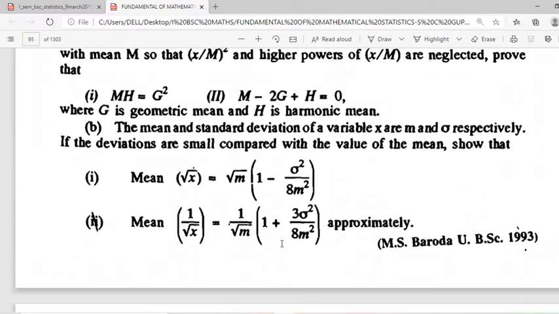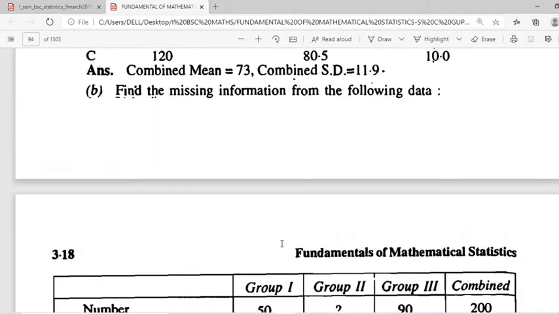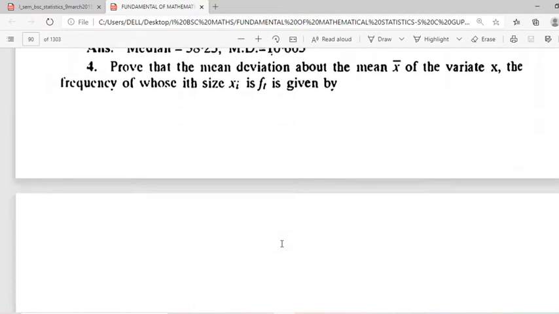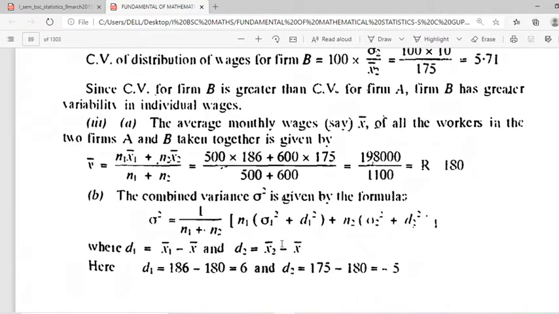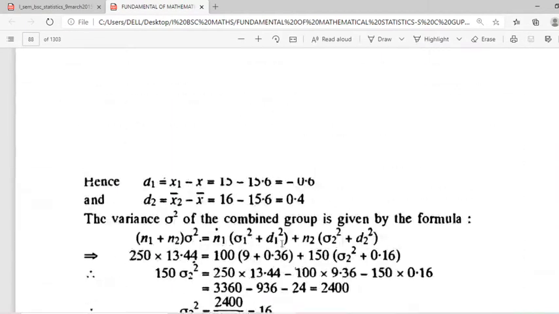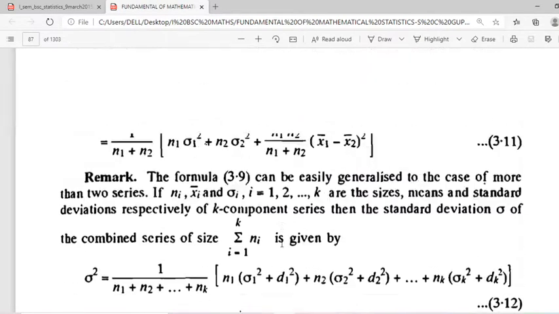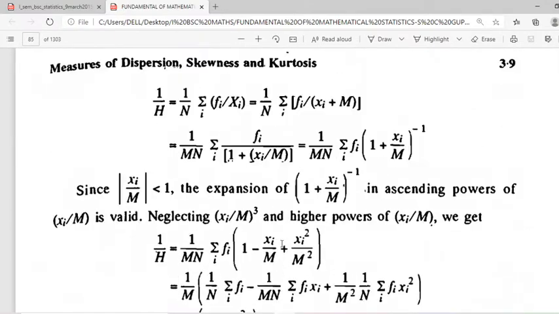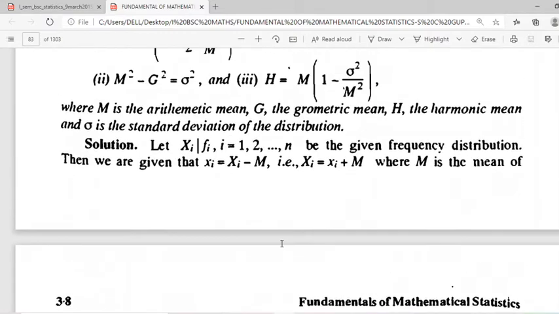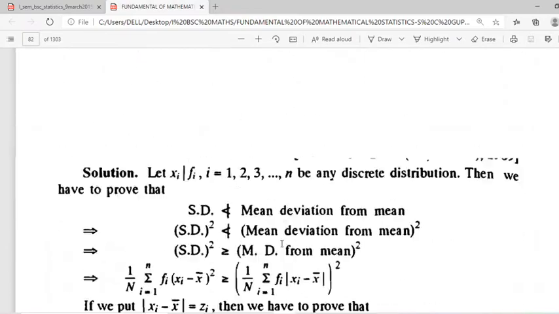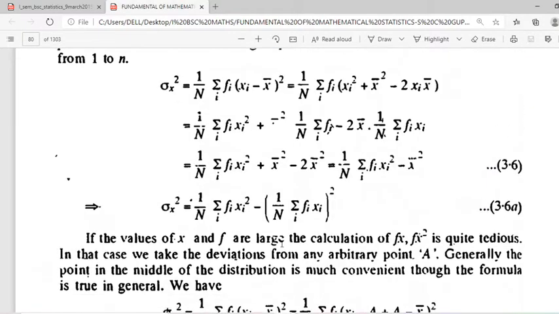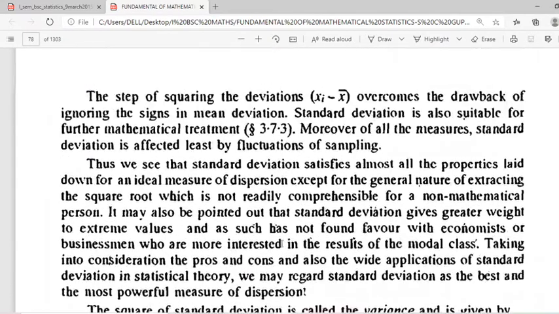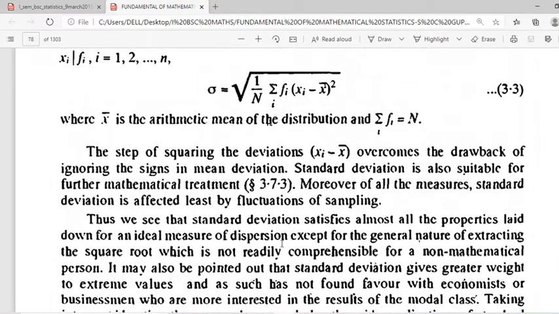Yes, this is the standard deviation formula they have used.